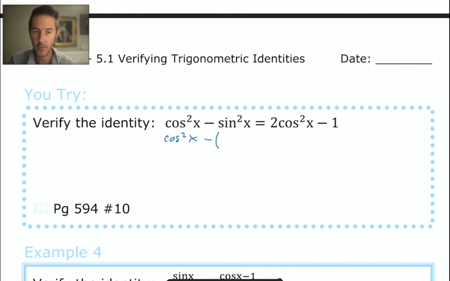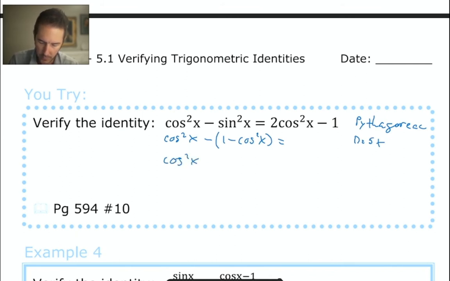So we want to make sure that the signs work out okay. And this is going to be 1 minus cosine squared x. Hopefully still equals the right-hand side. That was the modified Pythagorean identity. Let's distribute the negative.